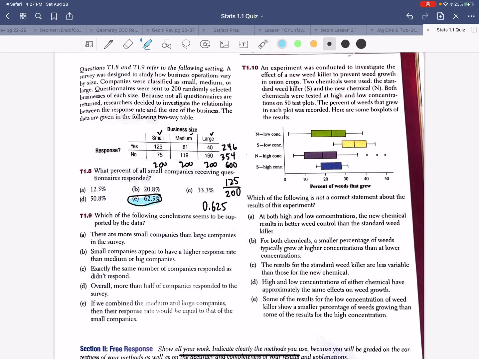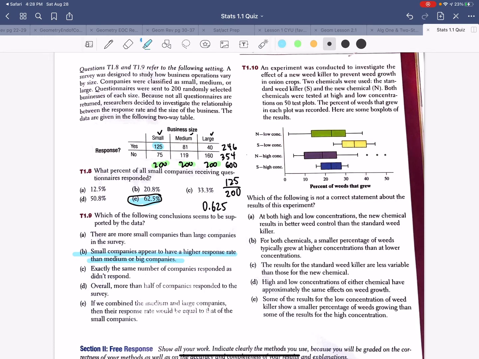Which of the following conclusions seem to be supported by the data? It does appear that small companies have a higher response rate than medium or big ones. Normally I'd have to turn all of these into percentages, but I don't have to this time because an equal amount of each business size was surveyed.